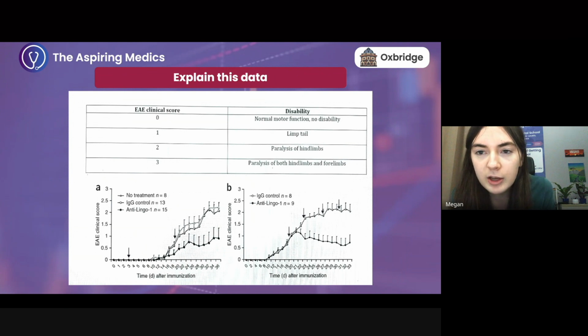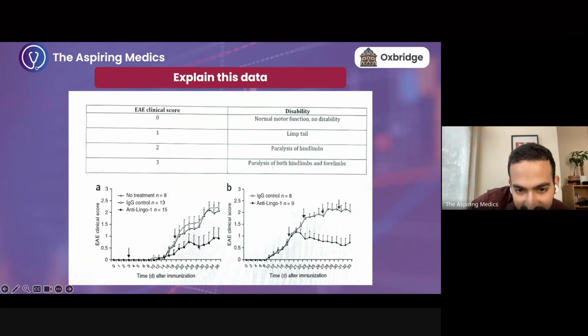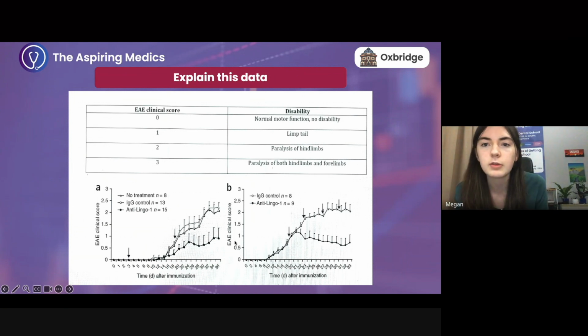But in A, you can actually see it's very slight, but they give fewer boosters. They give another booster slightly later, but it does start to increase slightly. And we don't have data beyond, I think it's 36 days, but it starts to increase slightly from that point.